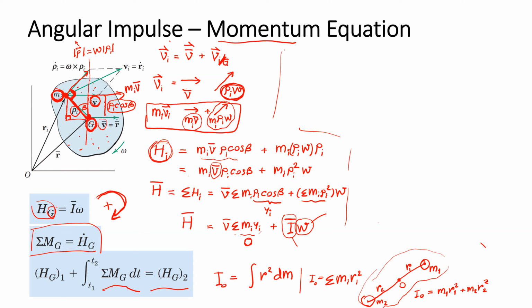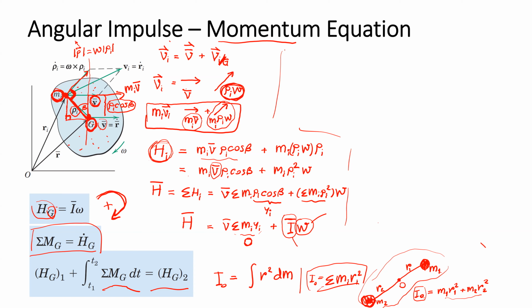So this is the definition of the moment of inertia about any point O. When the mass is discrete, I mean the mass is finite and we know the mass and can find the exact radius, we use this summation here.